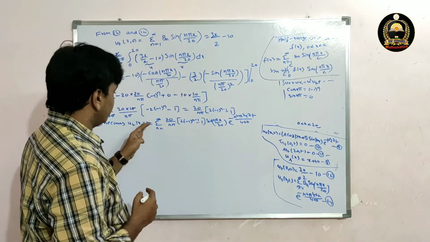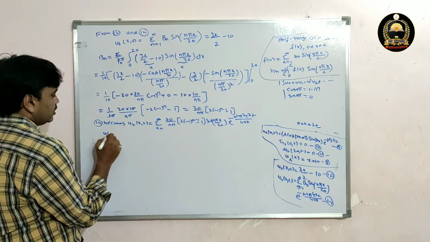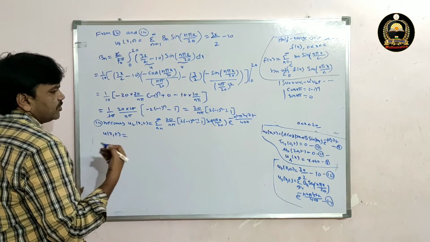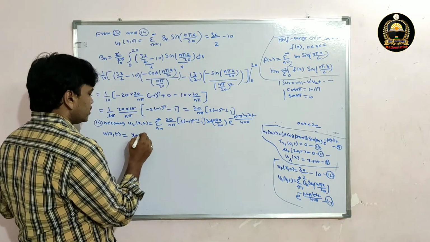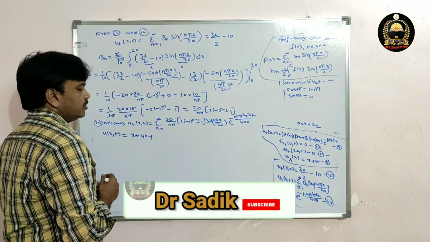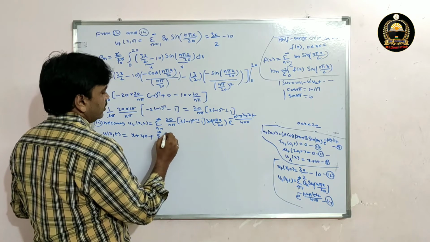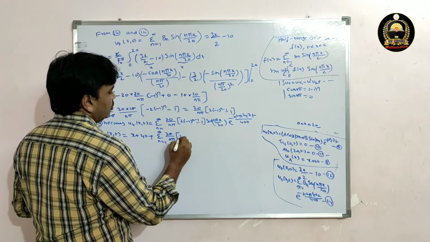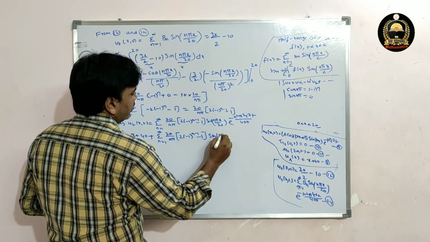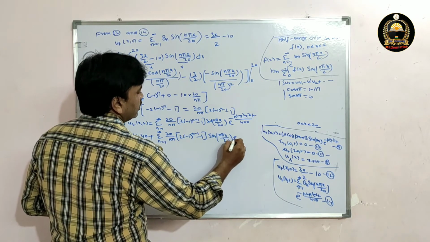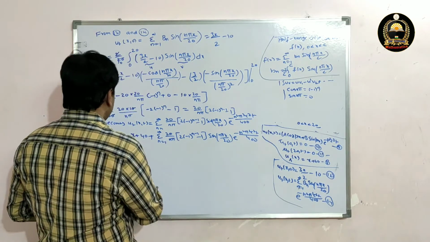Now we get ut of x comma t value. Actually we find u of x comma t. So what is the u of x comma t value? us of x is x plus 40, plus ut of x comma t. ut of x comma t is sigma n equal to 1 to infinity 20 by n pi, 2 into minus 1 whole power n minus 1 minus 1, sin n pi x by 20, e power minus n square pi square c square t by 400.